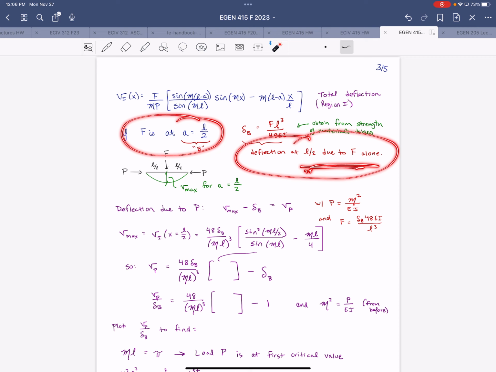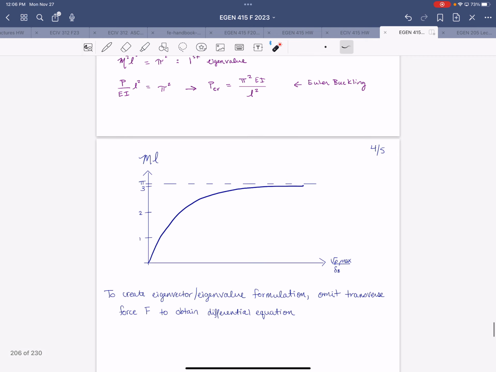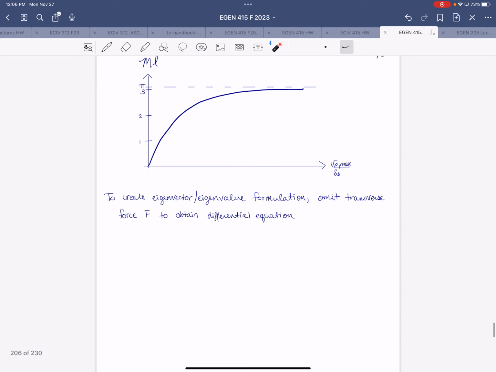And this is assuming that the transverse force is applied at midspan. Then that plot will look like this. So that's the plot of the solution. We can see that it converges at pi.